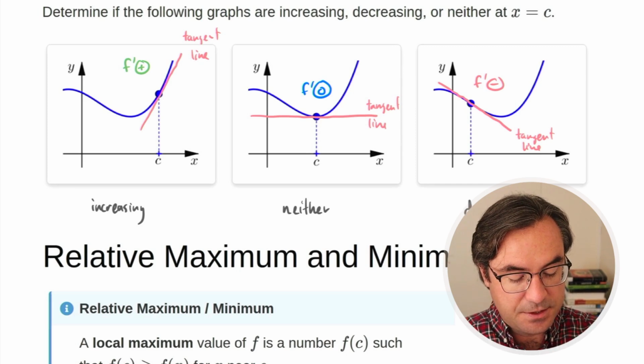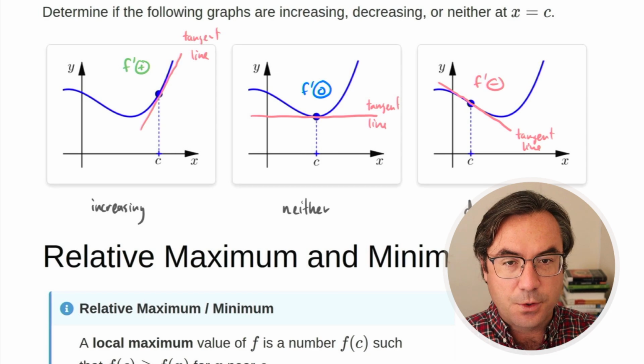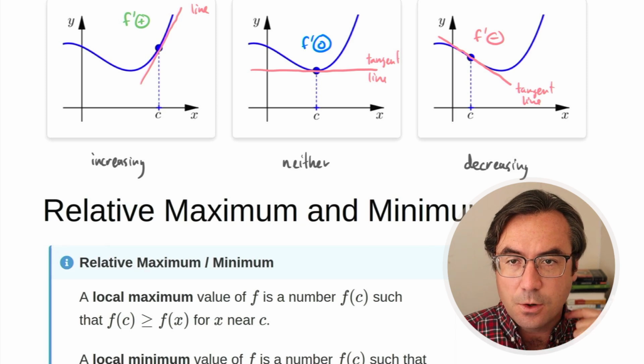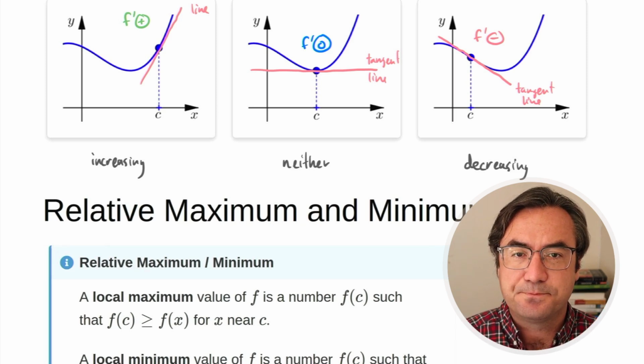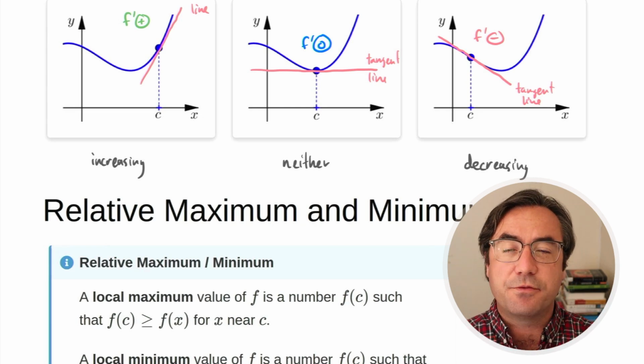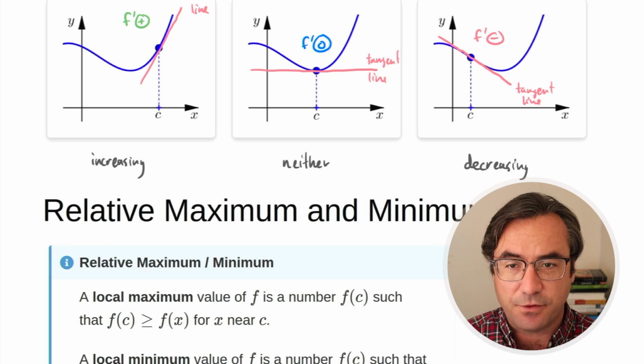And since our tangent line is pointing down, we say our function is decreasing at that point. Okay. So being able to pick out where a function's increasing, decreasing is going to be helpful.